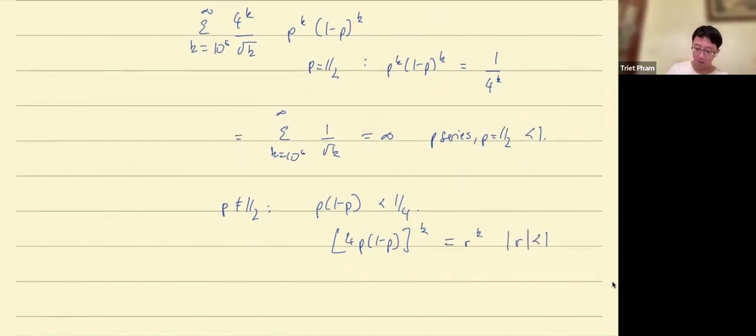So what do we have here? We'll have something like a geometric sum.